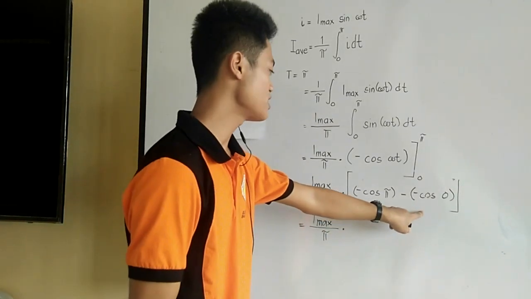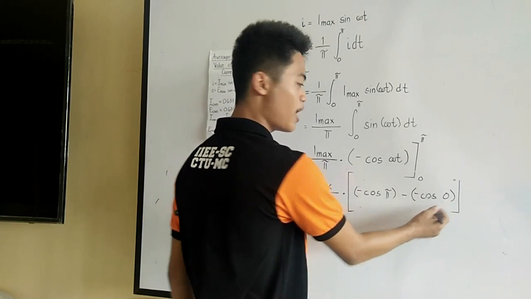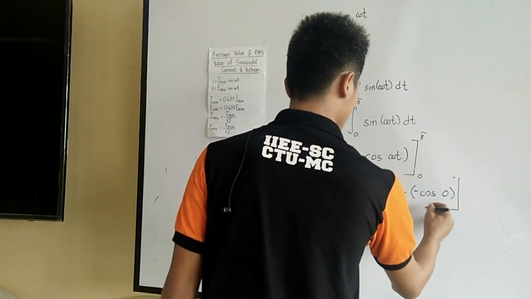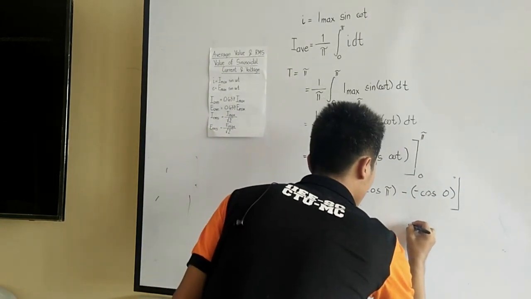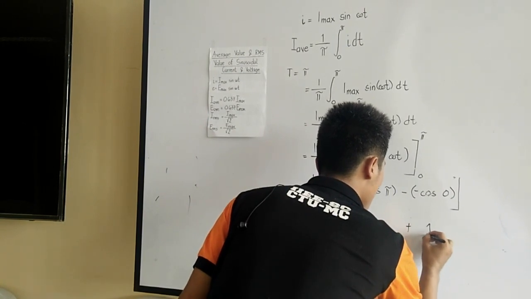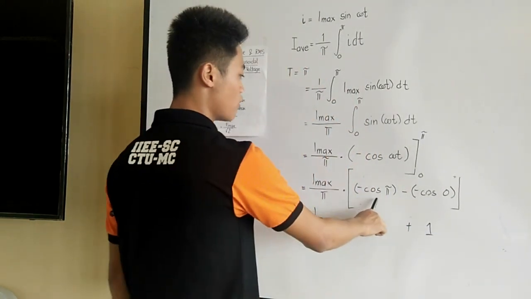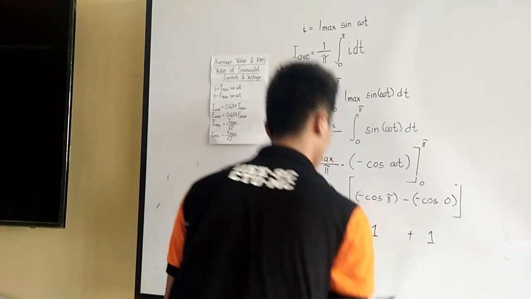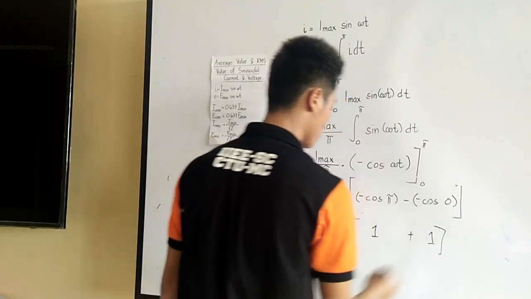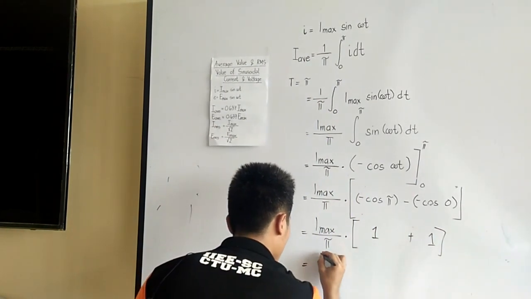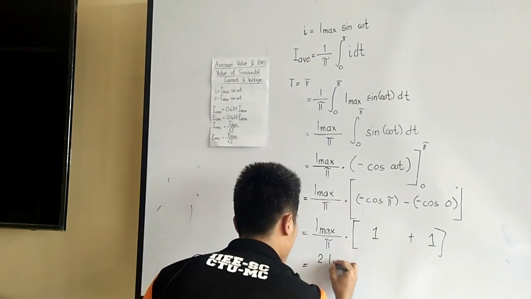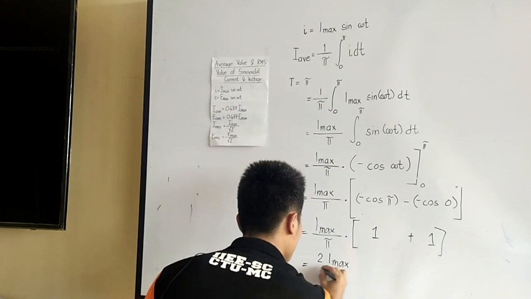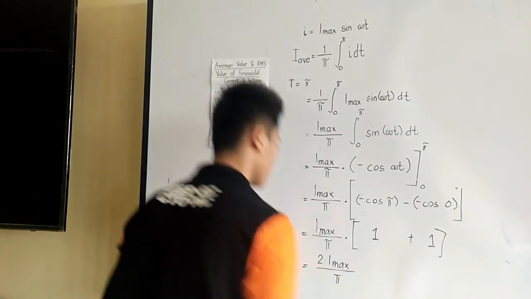Here, we will simplify. The negative cosine of pi is 1, so making it plus 1. The negative cosine of 0 is minus 1. So 1 plus 1 is 2, making it 2 I max over pi.